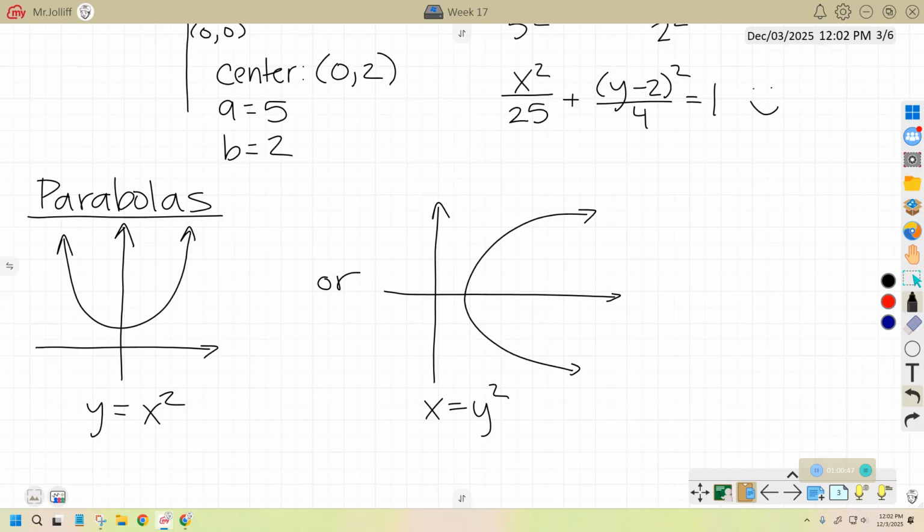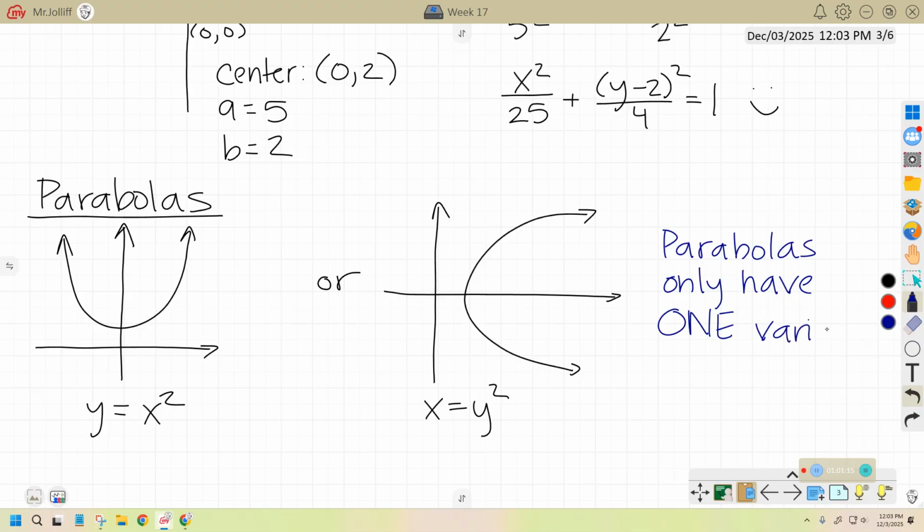I'm going to give the general form in just a minute, but the thing to notice about parabolas that's going to differentiate it from all of the other conic sections is parabolas only have one of their variables squared.